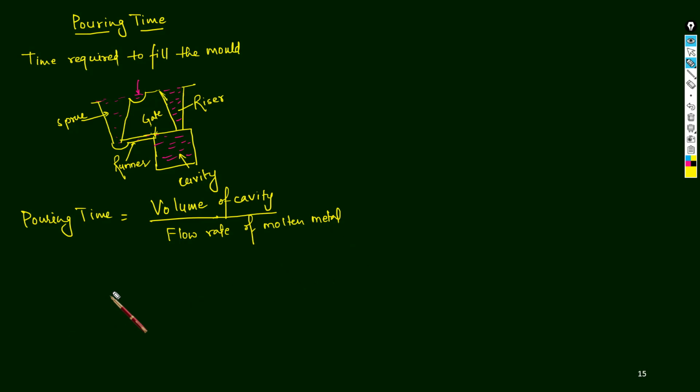Now the volume of cavity we can denote by capital V. And what about the flow rate? What is flow rate? Flow rate is actually the area of cross section into the velocity of liquid, isn't it? Let's suppose there is a pipe, and in the pipe there is a liquid flowing, so we have to calculate the flow rate of this pipe.